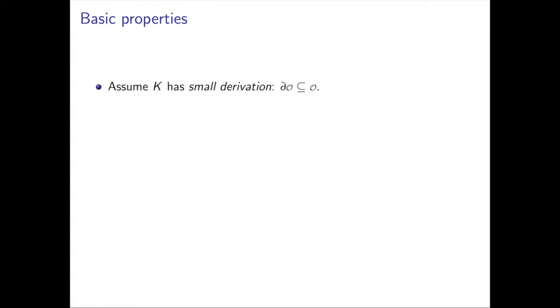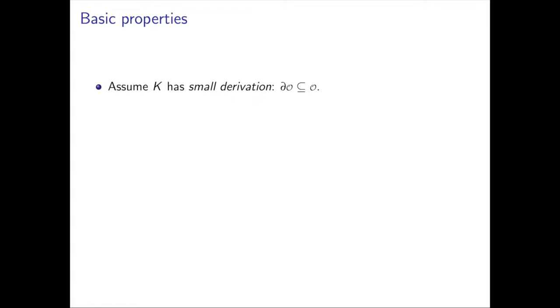So what kind of condition can we place on the interaction between the valuation and the derivation? Well, you might want continuity, say. From a valuation you get some topology on the field, which I won't go into, but you would at least expect the derivation to be continuous with respect to the valuation. I'm going to, in general, assume a little bit more: that the derivative of an infinitesimal is an infinitesimal.